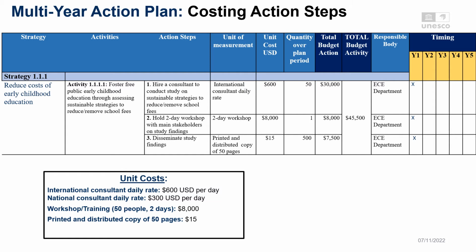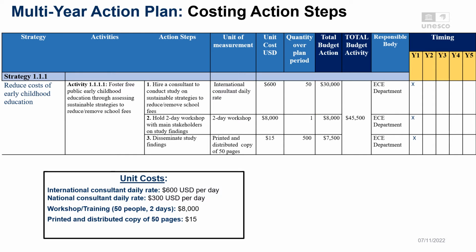As you can see, the daily rate of an international consultant is $600, and for this study, we can say that we'll need them for 50 days. 50 times 600 equals $30,000 for this action step. We would therefore enter International Consultant Daily Rate in the column Unit of Measurement, $600 per day in the unit cost, 50 for the quantity over the period, and $30,000 for the total budgeted action.